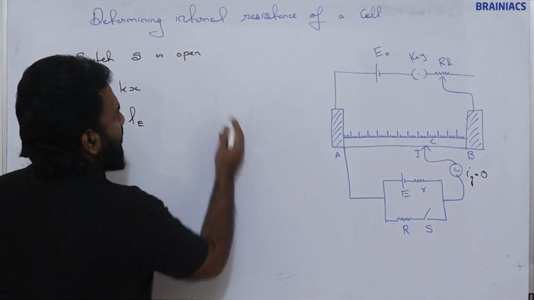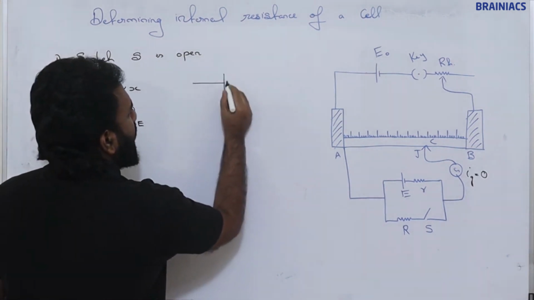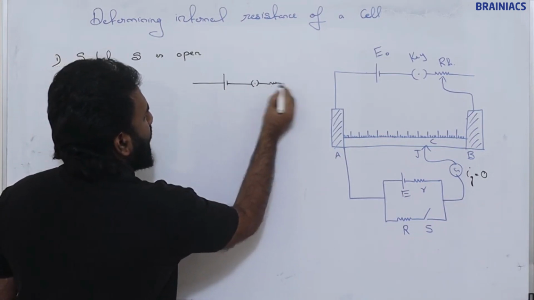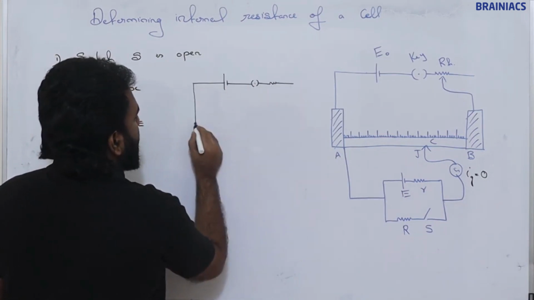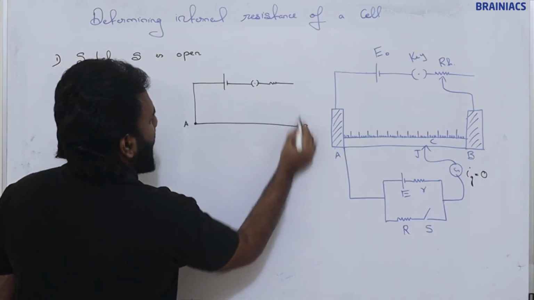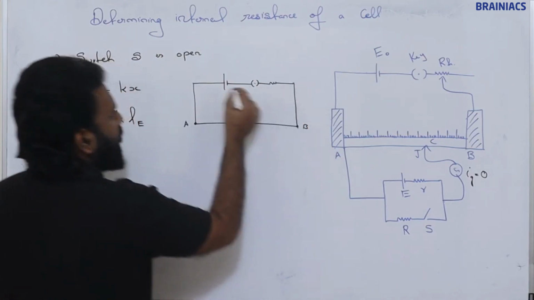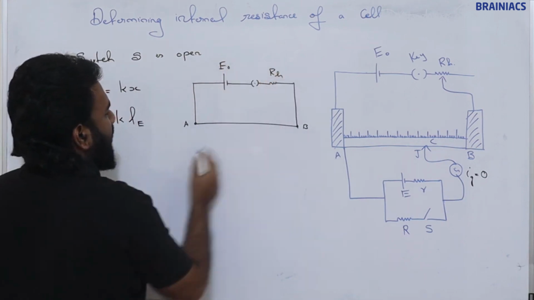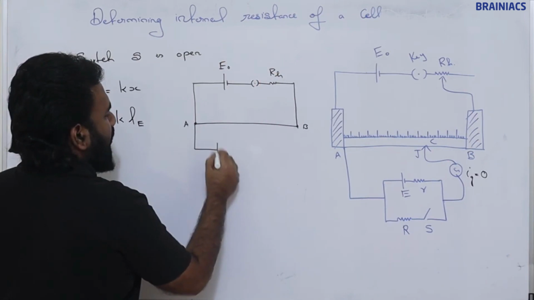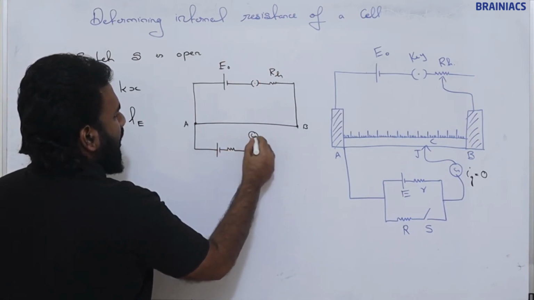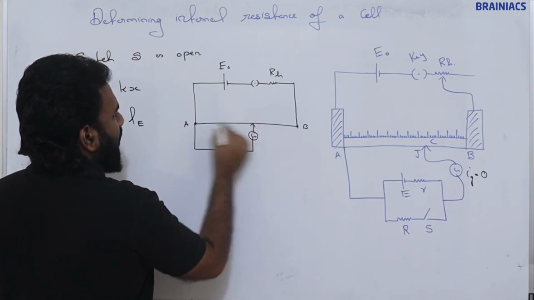Suppose I redraw this circuit in a simple way, it is going to be like this. This switch is already on. Suppose this is A, this is B, potentiometer setup, E0, rheostat. Now here we have connected the cell, its internal resistance, galvanometer, jockey.